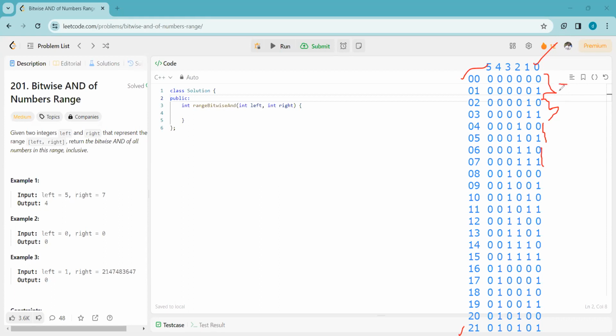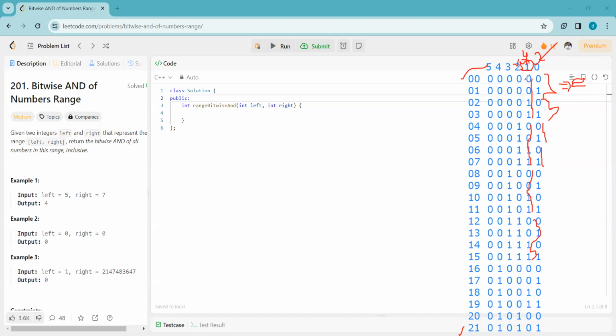That means at the 0th bit, the pattern repeats every two numbers. Let's see the first bit. We have two zeros, two ones, again two zeros, two ones, again and again. That means the pattern repeats after 4 consecutive numbers, whereas for the 0th bit it repeated after 2.